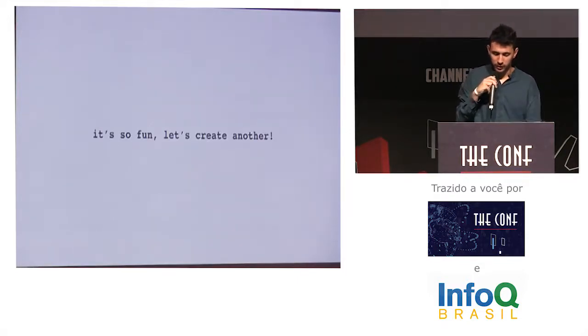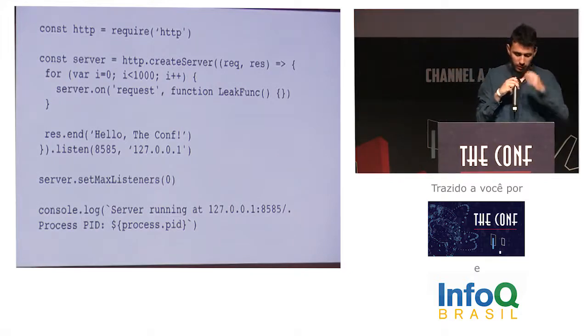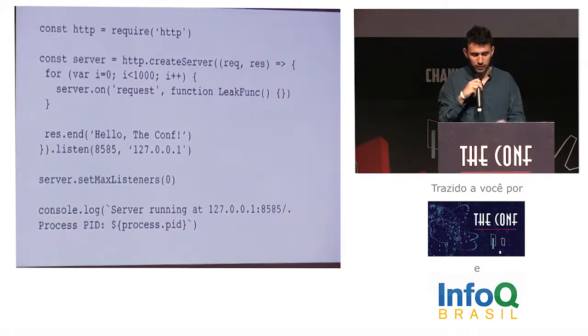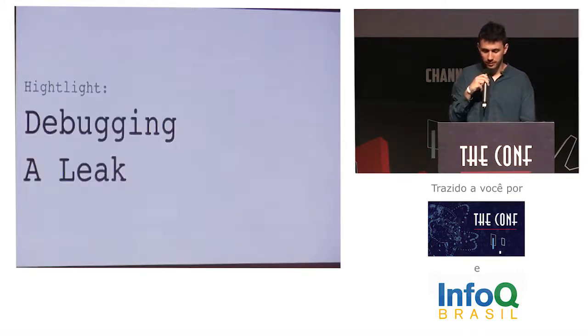Okay, let's create another. I kind of like creating memory leaks. Consider this code, which is more complex, but not that complex: we are creating a server. In this server, we are considering that every request adds another 1,000 leak listeners.